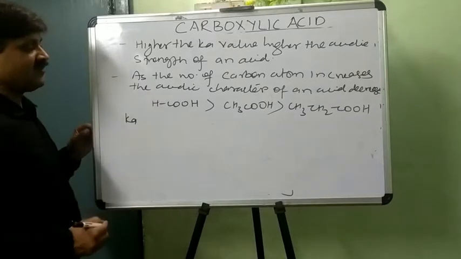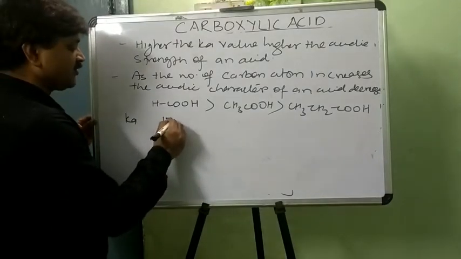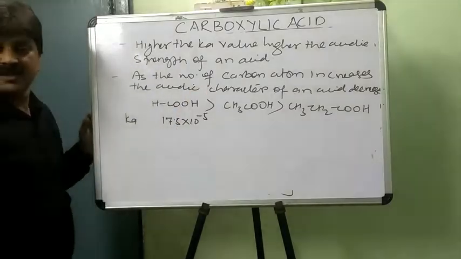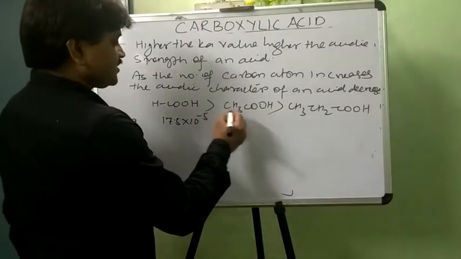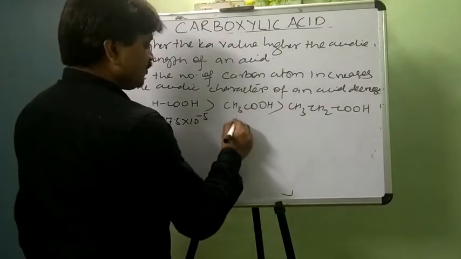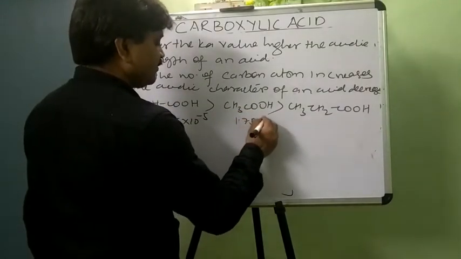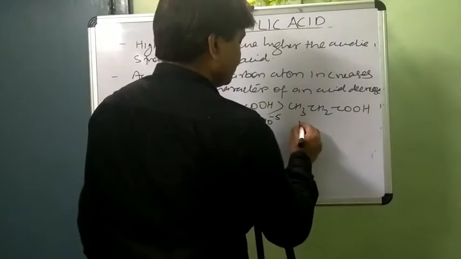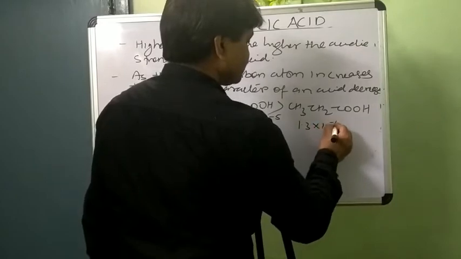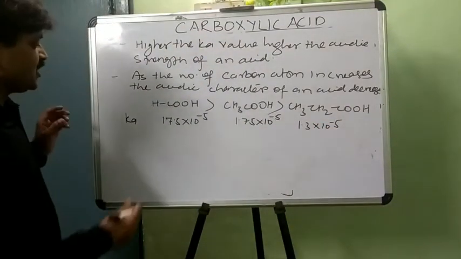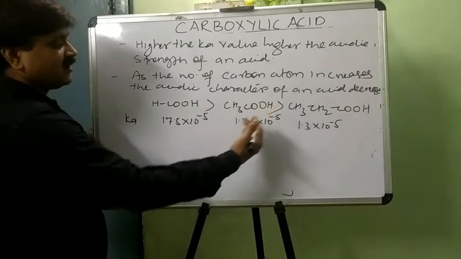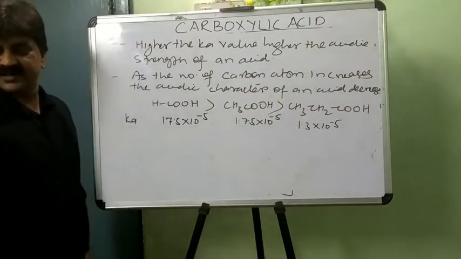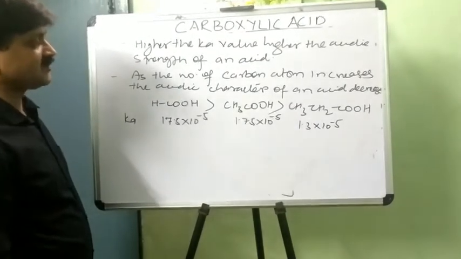The Ka value of HCOOH is 17.5 into 10 power minus 5. And the second one, acetic acid, is 1.75 into 10 power minus 5. And in the case of propanoic acid, this is 1.3 into 10 power minus 5. So you will see here, as we go from left to right, the number of carbon atoms increases and their Ka value decreases. So higher the Ka value, higher the acidic strength of the acid.